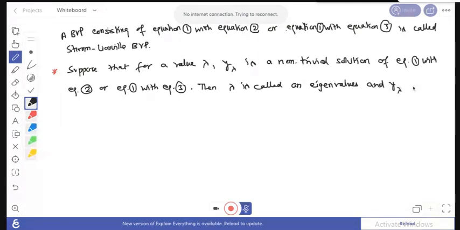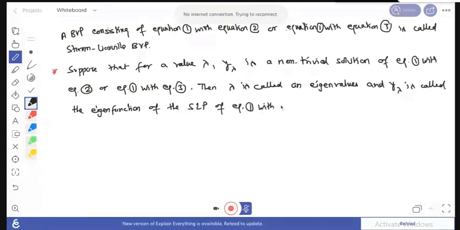It is the functional value, called the eigenfunction of the Sturm-Liouville problem, of equation 1 with equation 2, or equation 1 with equation 3, respectively.